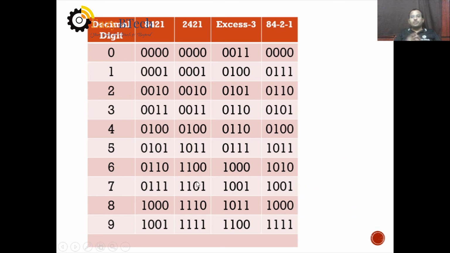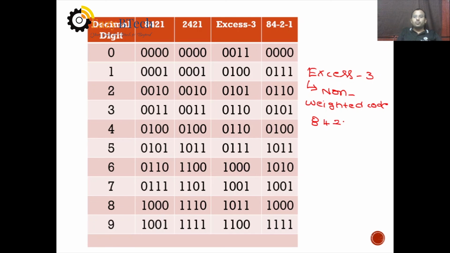This is the summary of what we have seen so far, the different binary codes: 8421, 2421, XS3, 84-2-1, right? XS3 is a non-weighted code, whereas 8421 and 2421 are positive weighted codes.